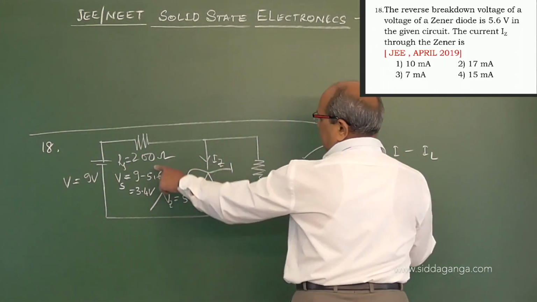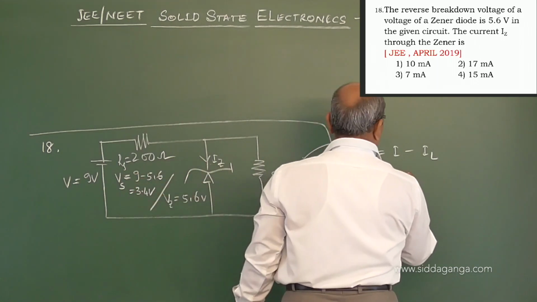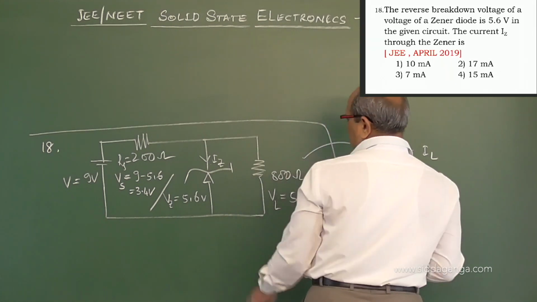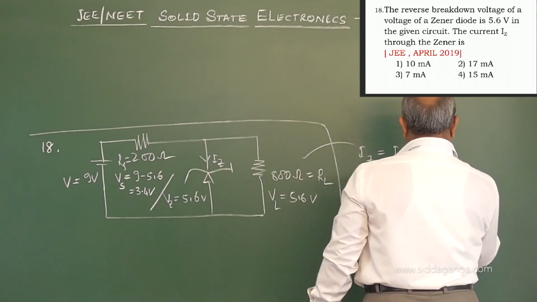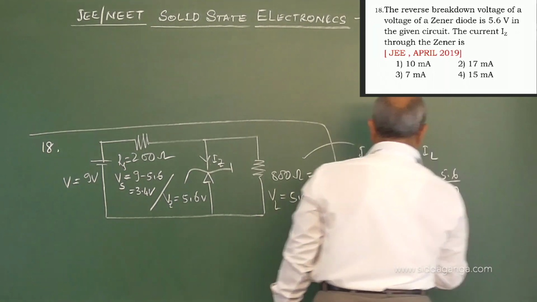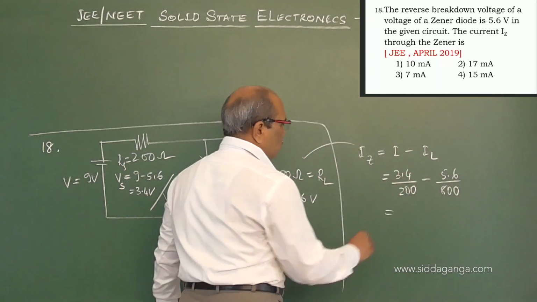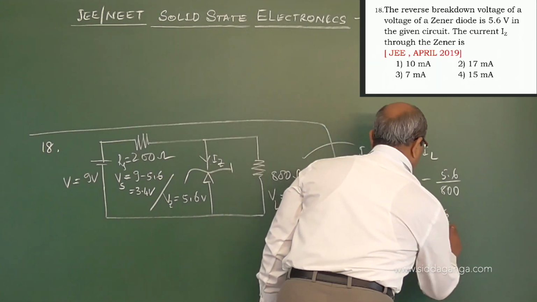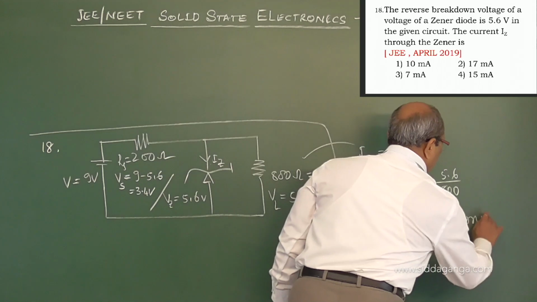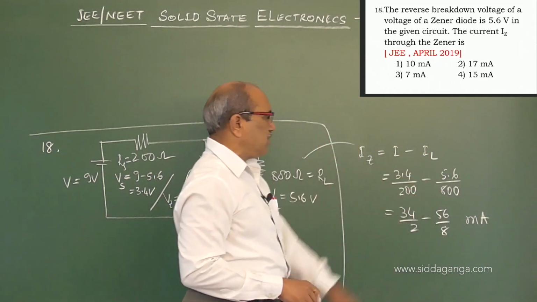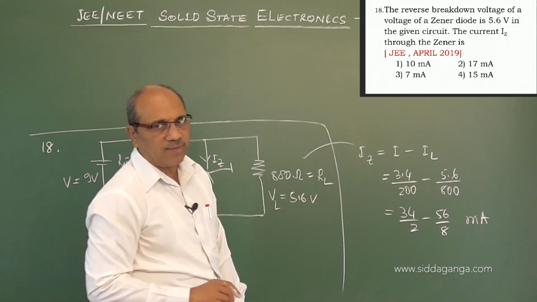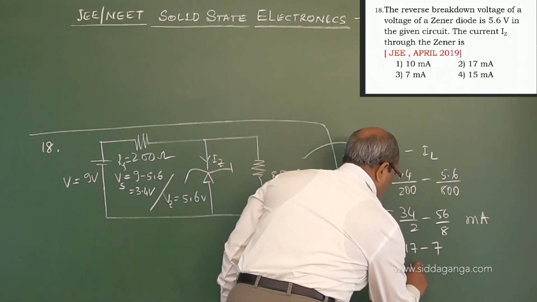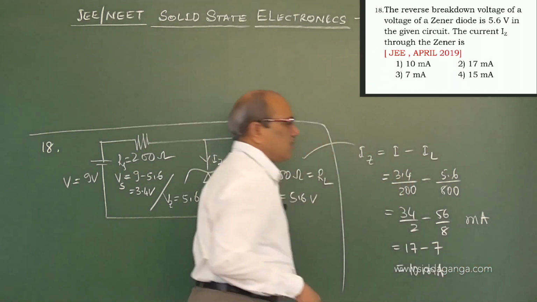The main current is the voltage across this, 3.4 divided by 200, minus this, 5.6 by 800. So make it 34 by 2 minus 56 by 8, in milliampere, because the 10 power minus 3 can be written directly as milliampere. It becomes 17 minus 7, equal to 10 milliampere.